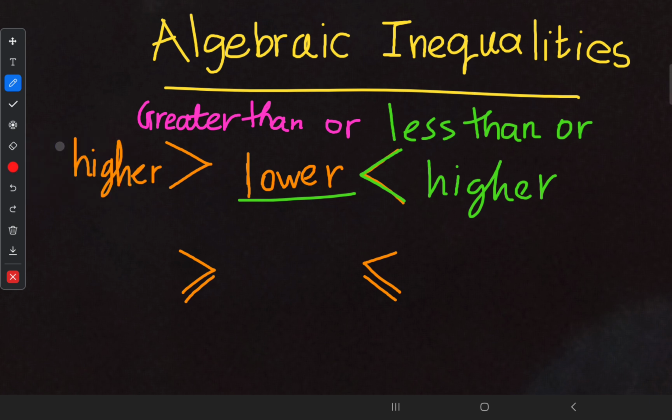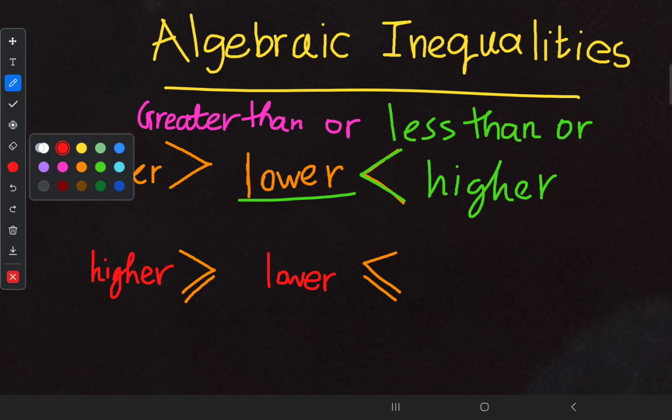You can see there are two shapes similar to these, but with a small alteration: some kind of line is included in these greater than and less than symbols. That one is also the same: on the open side you indicate the higher value, and on the pointed side the lower value.